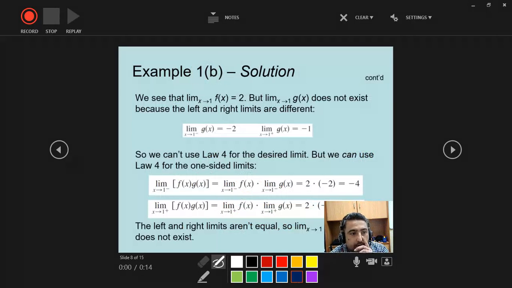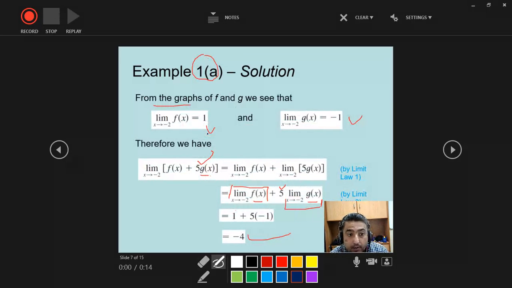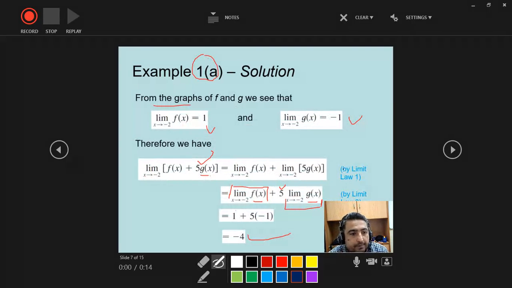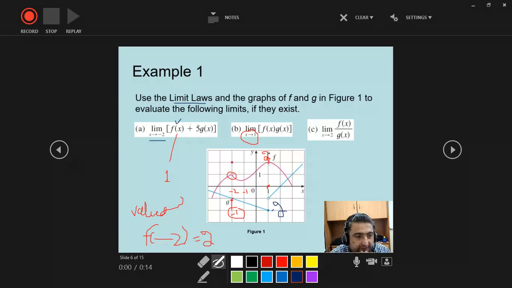But look at part B, sorry, there is some tricky thing. Let me repeat: the limit of f.